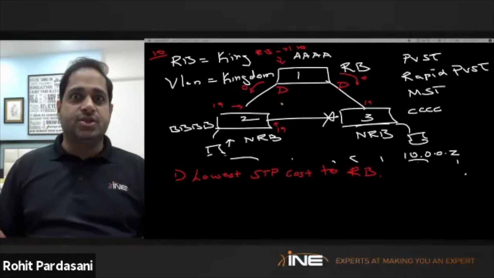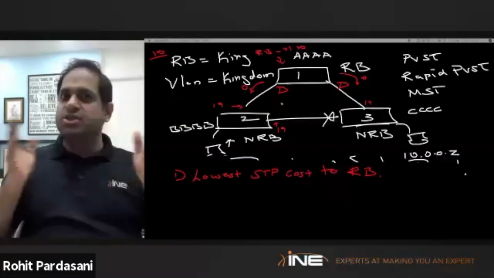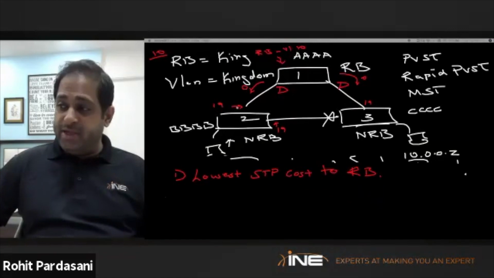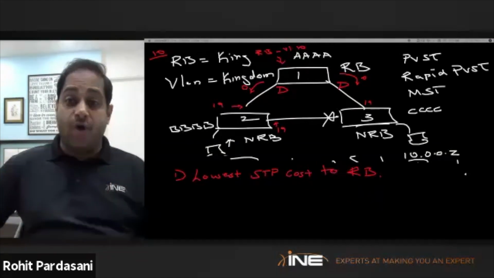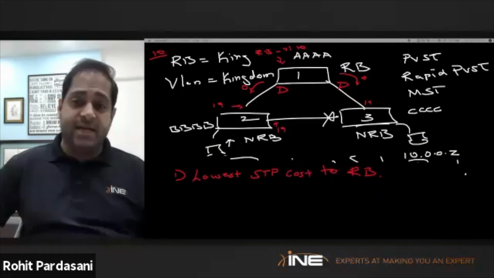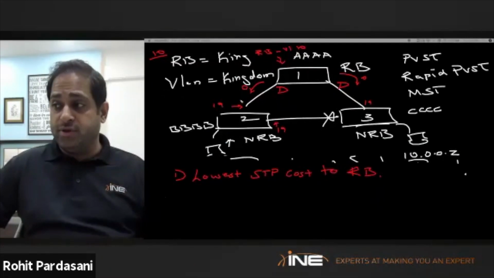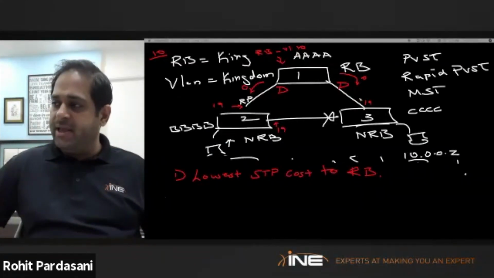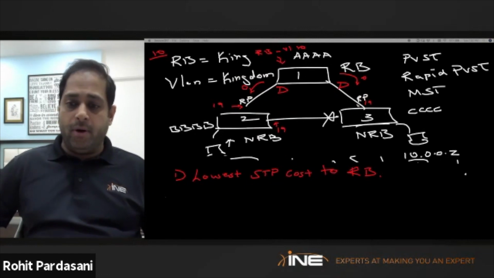The cost is different. Since the cost is not the same, lowest cost wins. So this port goes into forwarding state, in fact, forwarding state as root port. So this becomes the root port based on cost. Same thing here. This port becomes the root port based on cost again.